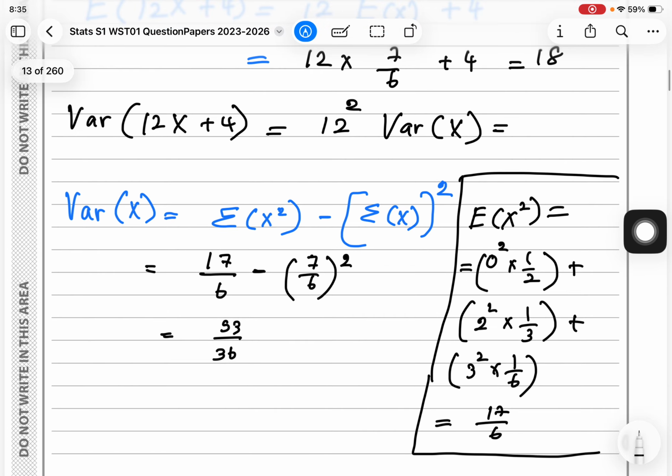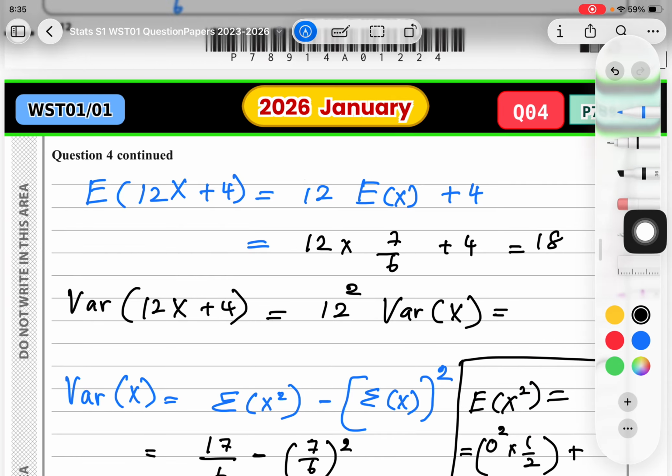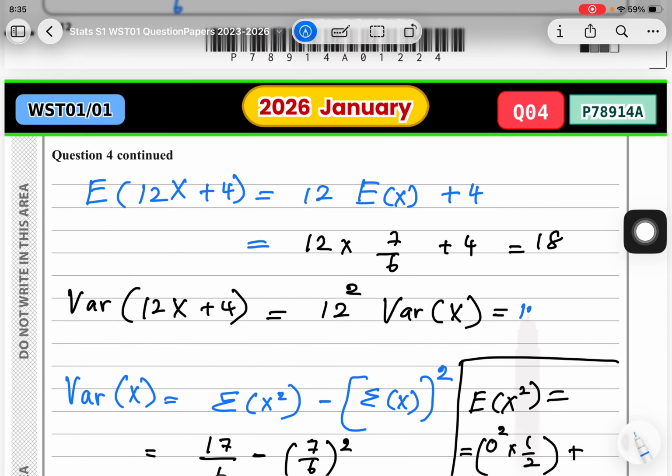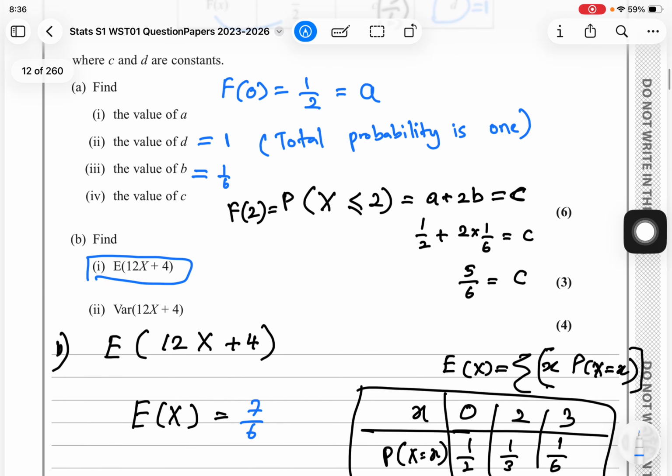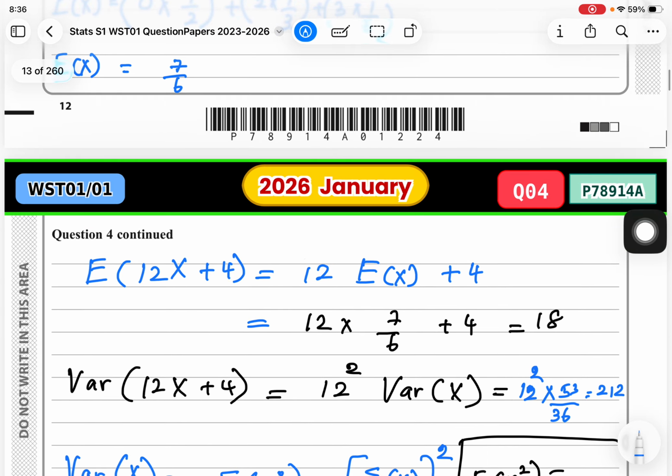We can use it here: 12 squared times 53 out of 36, which gives us 212. So the answers are 212 here, and here it was 80.